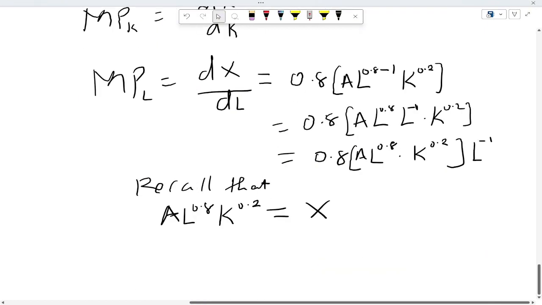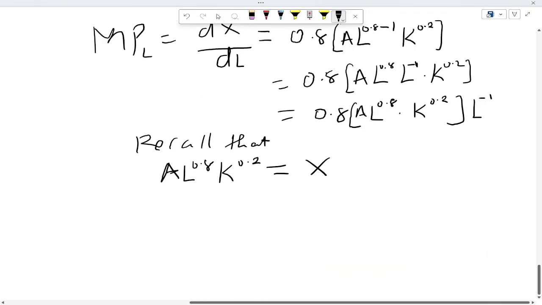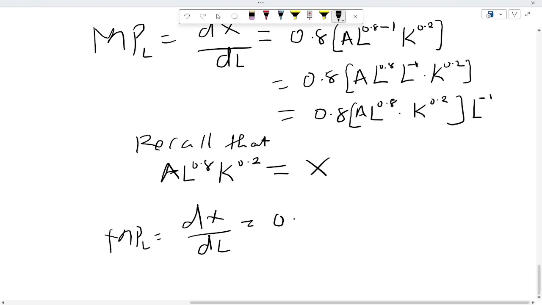So since that is the case, the derivative of x with respect to L, which is your MPL, is equal to 0.8. Now instead of having AL raised to power 0.8 multiplied by K 0.2 in the bracket, you simply have x. You replace it with x.